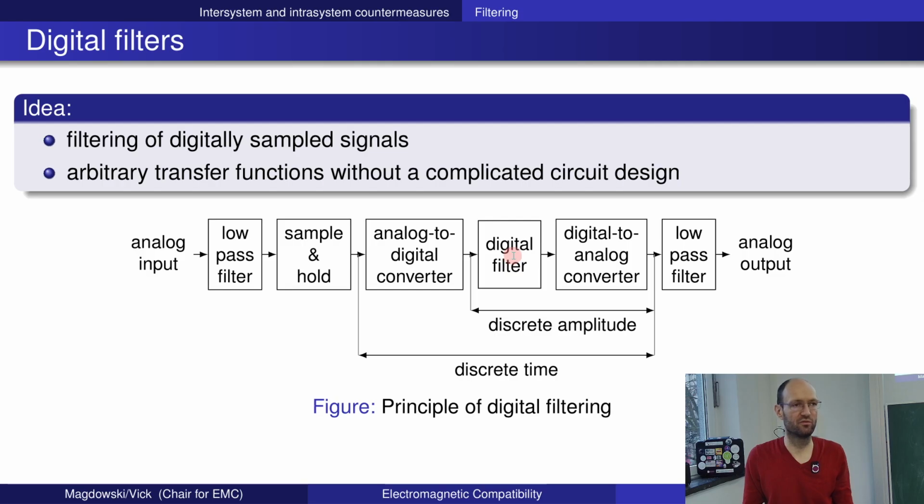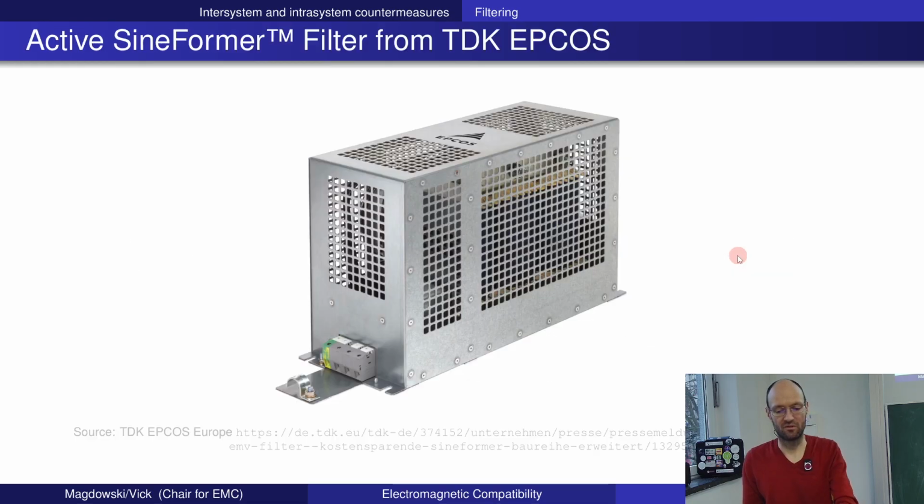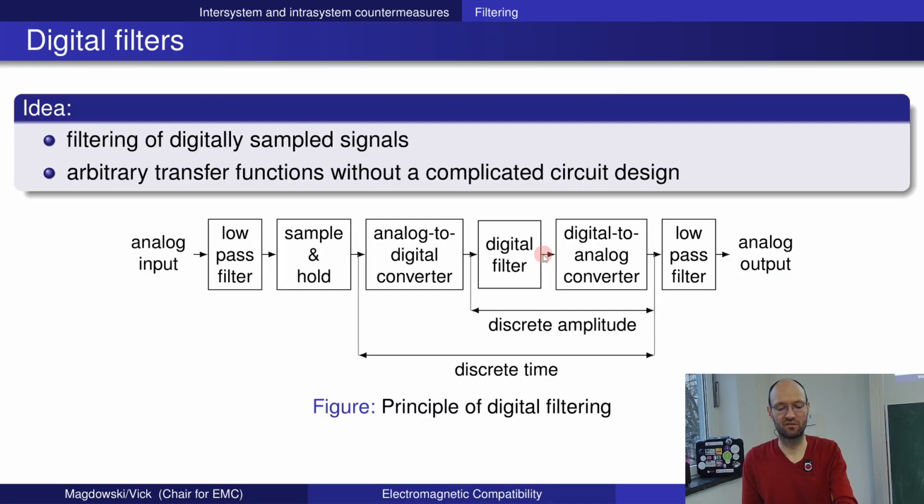Then we do all the filtering in the digital stage, and there you are much more free to choose filter functions. You can have very sharp lobes and so on, and then you convert back into the analog domain using some digital to analog converter, have some additional smaller, simpler low-pass filter at the output, and have some analog output. And this is then, let's say, how these filters internally work.